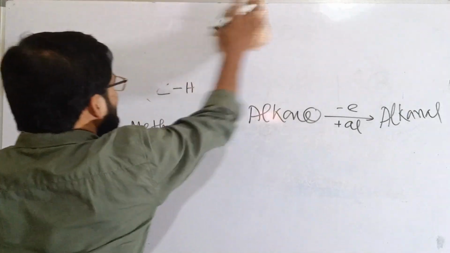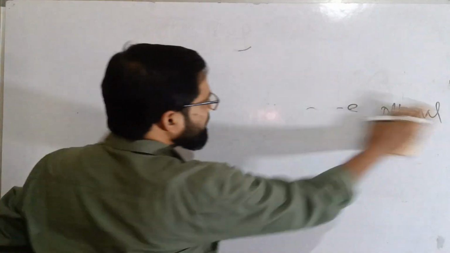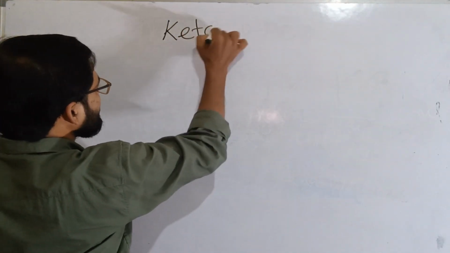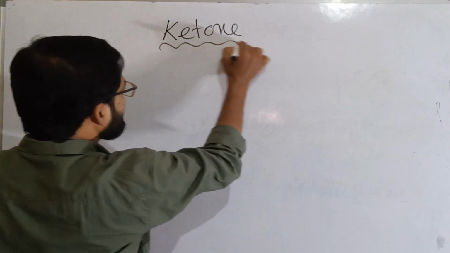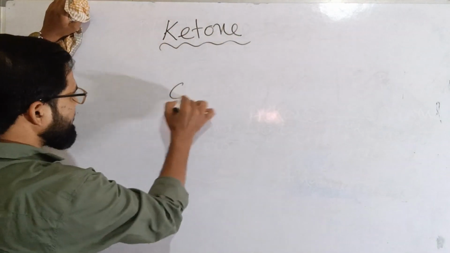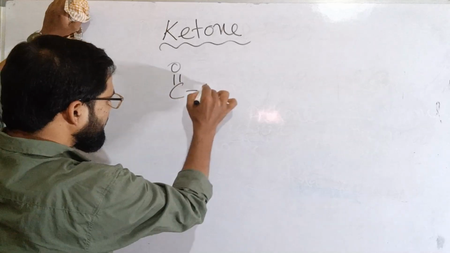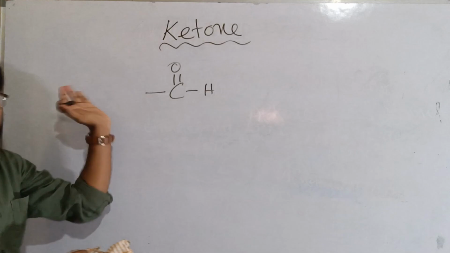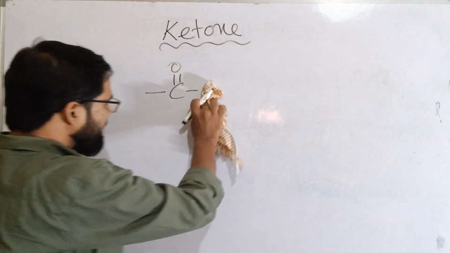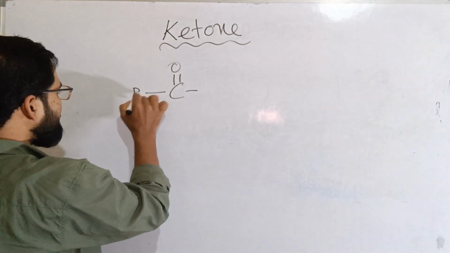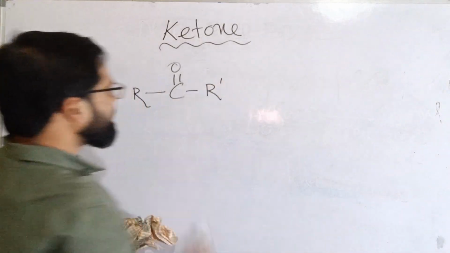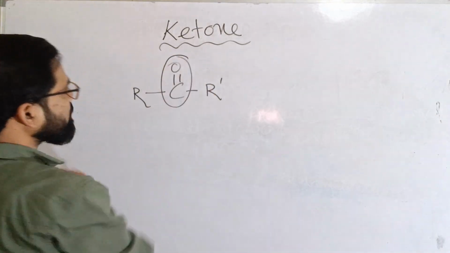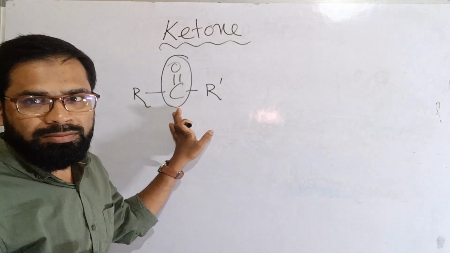If we compare aldehyde and ketone, in case of aldehyde, CO, here hydrogen, here another atom, an alkyl group. So if you remove this hydrogen, both sides are alkyl groups. This is your functional group, this is called ketone.